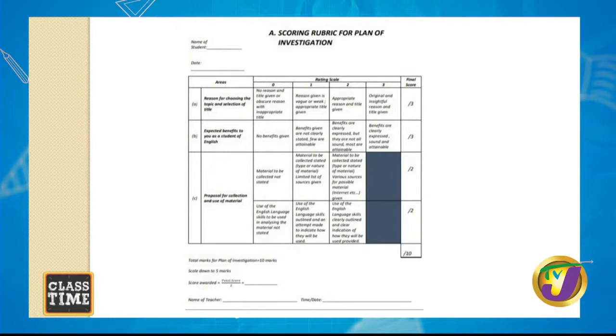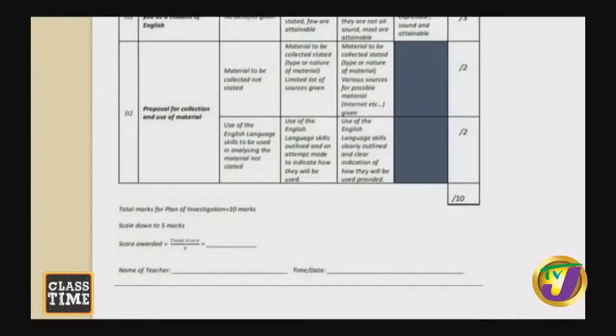And you give a variety of sources. Keep that in mind. A variety of sources, not just 1 or 2. For the next part, where the next 2 marks comes in, you showed how the use of English skills are going to be utilized. They're clearly outlined, and you give a clear indication of how they will be used.